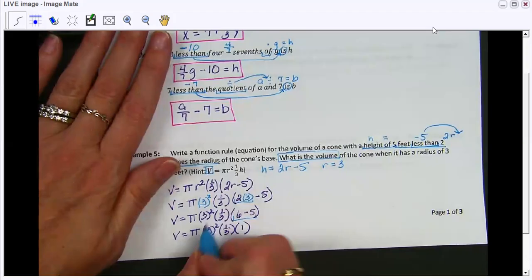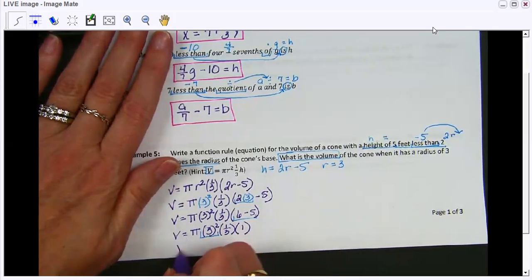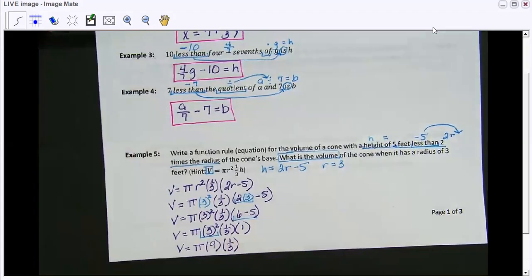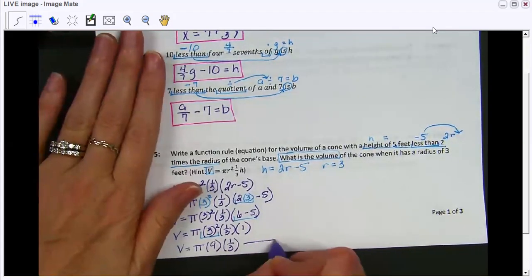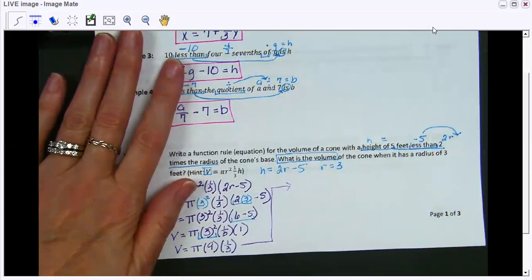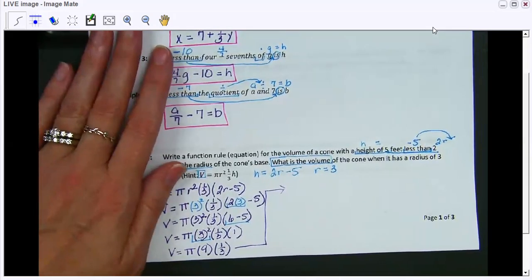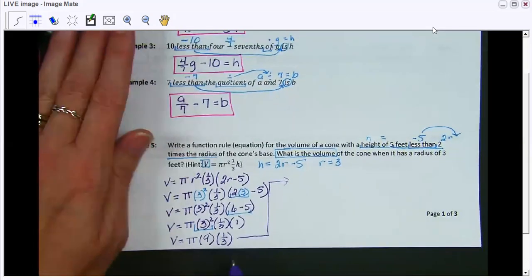Next, I'm going to solve the 3 squared. So volume equals pi times 9 times 1/3. And I'm going to bring this up here. So now I am going to multiply 9 times 1/3.